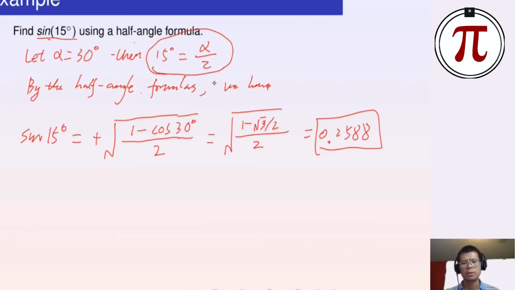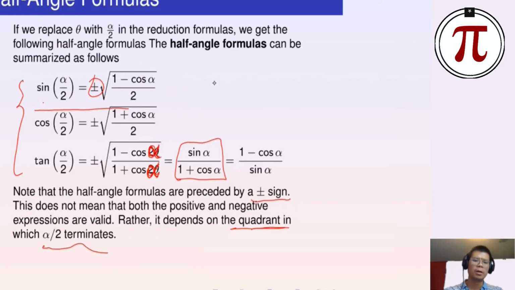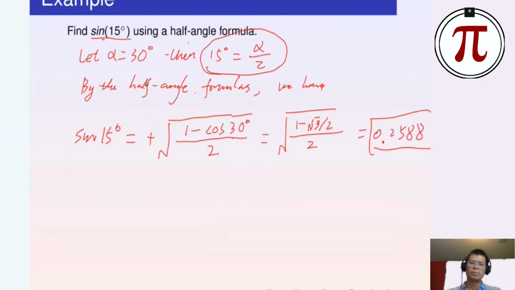So if we let alpha be 30, then 15 degrees is half of it. Alpha over 2 is 15, so alpha is going to be 30. So that's why. Okay, I get it.